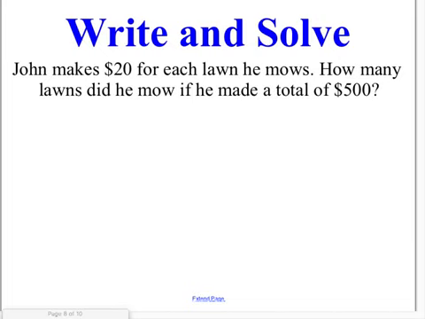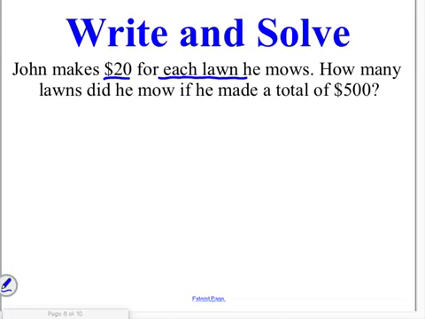Another thing that we need to do is write out the equation and then solve the problem. So for example, John makes $20 for each lawn he mows. How many lawns did he mow if he made a total of $500? So going through and reading that first sentence again, John makes $20 for each lawn that he mows. $20 being a key thing, and each lawn being a key thing.